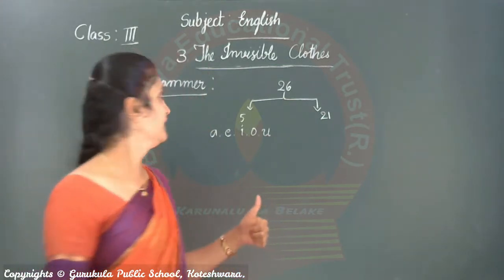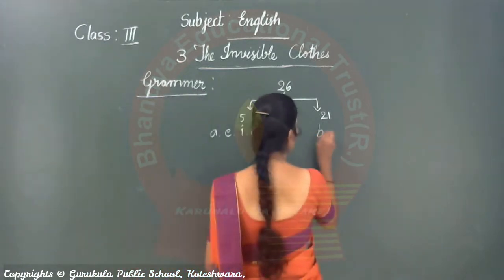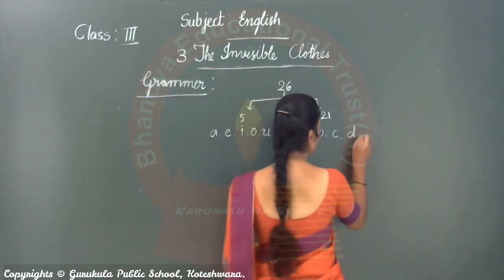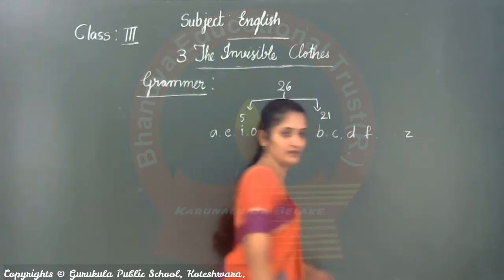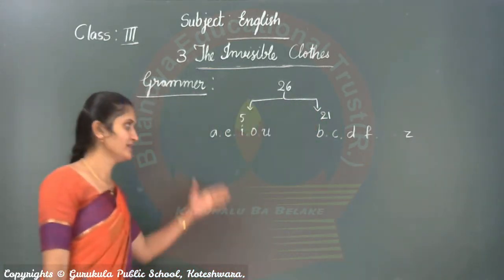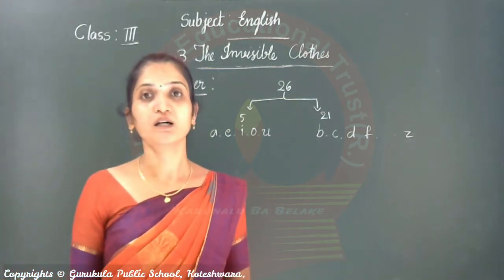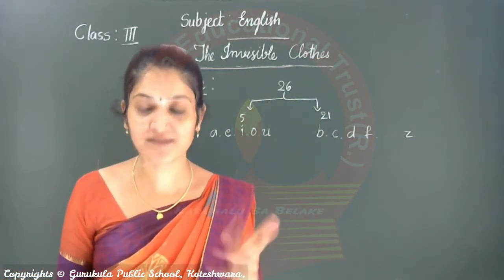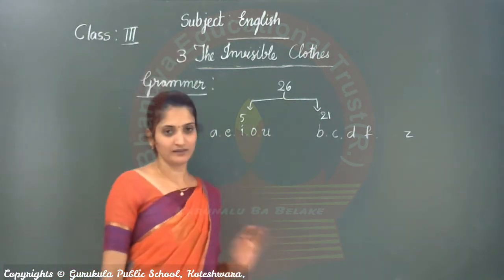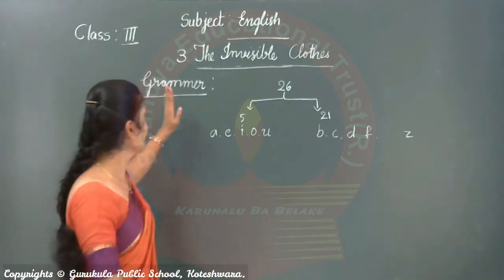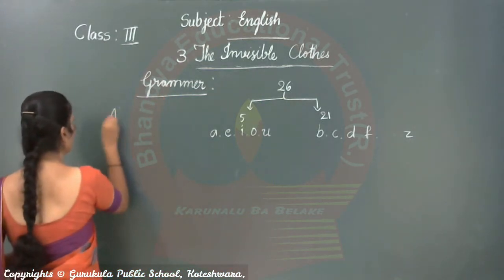Means B, C, D, F, up to Z. Those total 21 letters are the consonant letters. See here, in this grammar part they are giving articles.